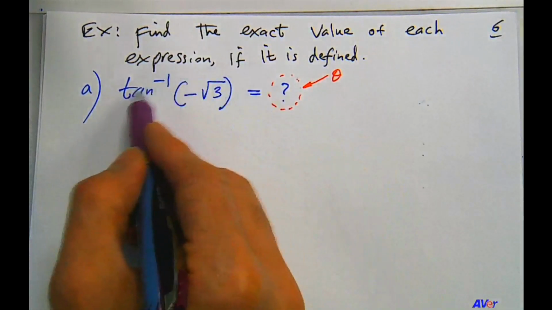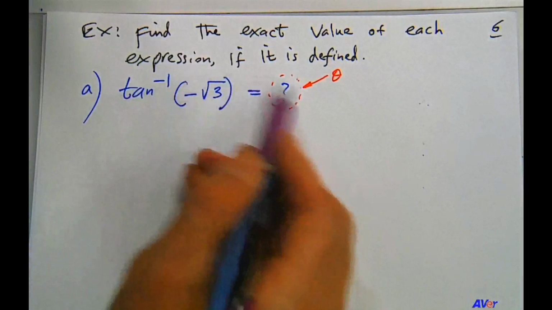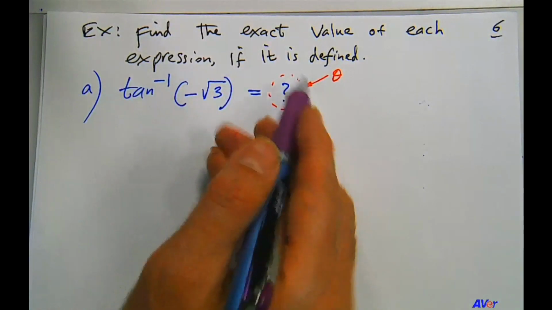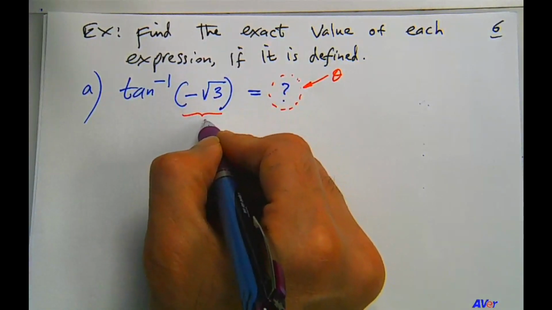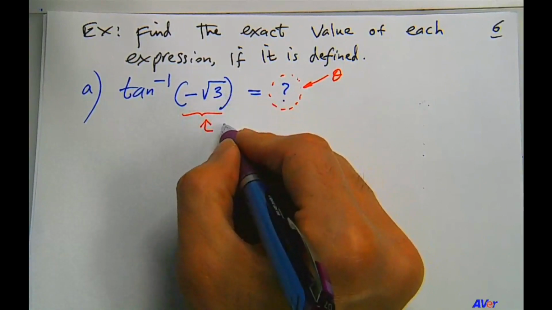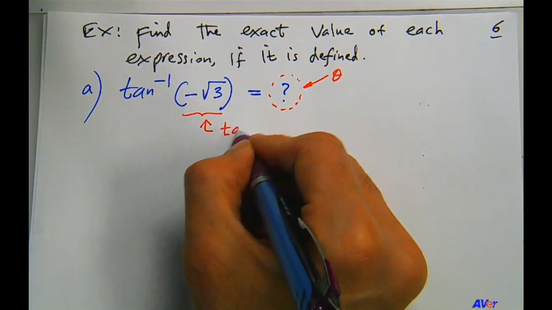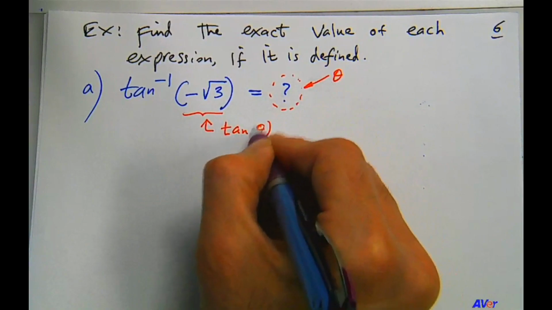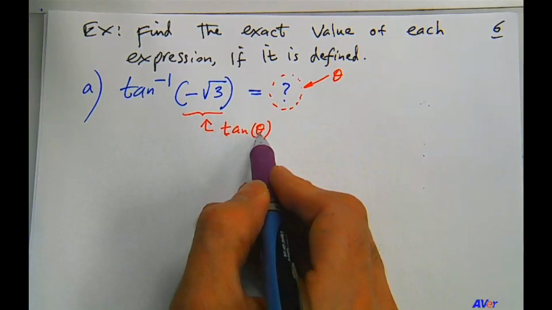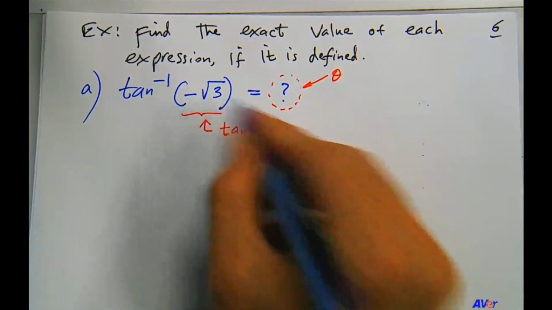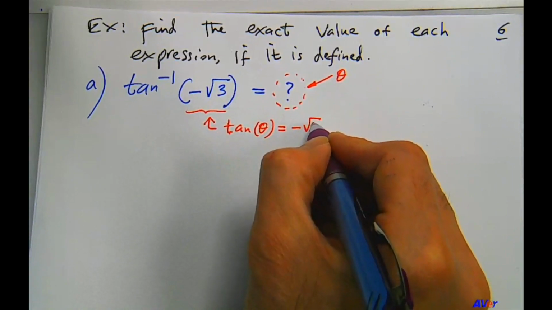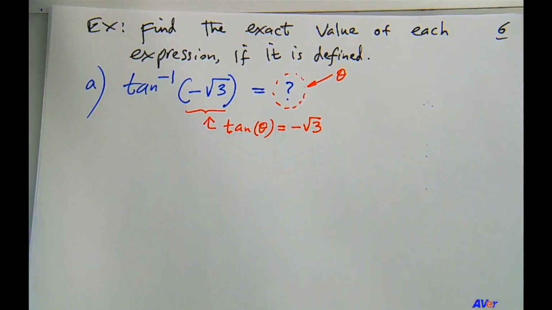Whenever we have an inverse trigonometric function on one side, the other side is an angle measure. And whatever we have in here, it means that there must be some theta which we're looking for, which tangent of that theta is equal to negative square root of 3.